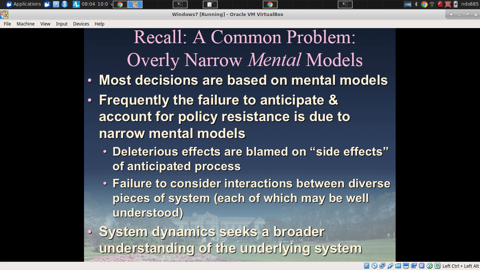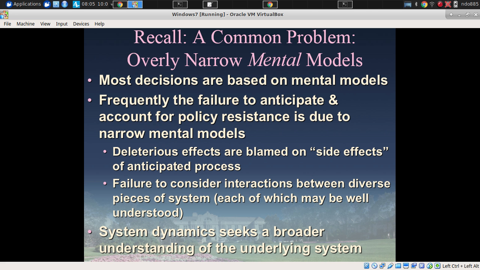So many times we shortchange ourselves because we have a very narrow view, right? Very narrow view of a situation. And we make decisions based on a narrow mental model, and we end up being bitten by some other feedback or, quote, side effect that we didn't anticipate. So these models that we're about to look at are designed to be broad. They are designed to be inclusive.